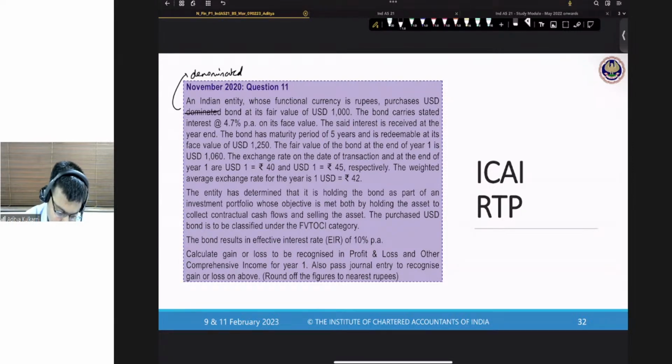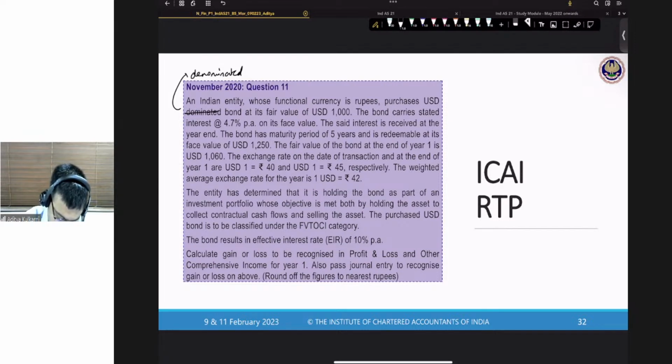The bond has a maturity period of 5 years and is redeemable at the face value of USD 1250. Fair value of the bond at the end of year 1 is 1060. Exchange rate on the date of transaction and at the end of year 1 are 40 and 45 respectively. Average exchange rate for the year is 42.